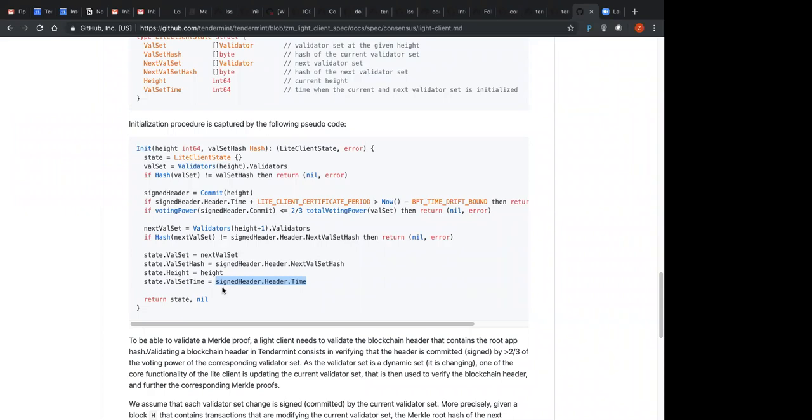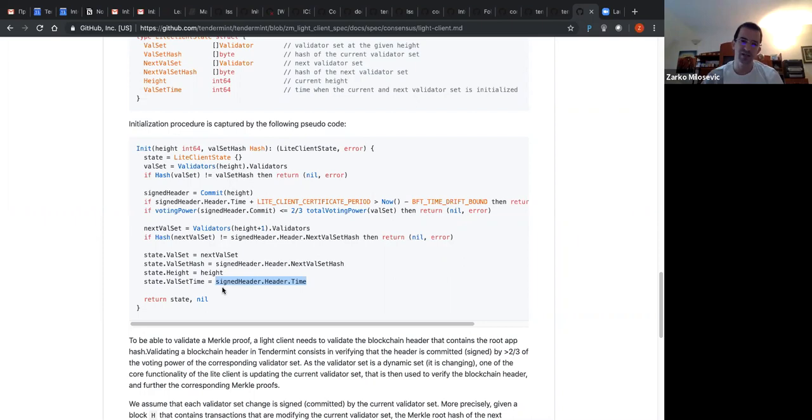Basically, this lets us jump to the next validator set right away. This is something I was thinking about for a good part of today: what we do with this next val set and current val set.